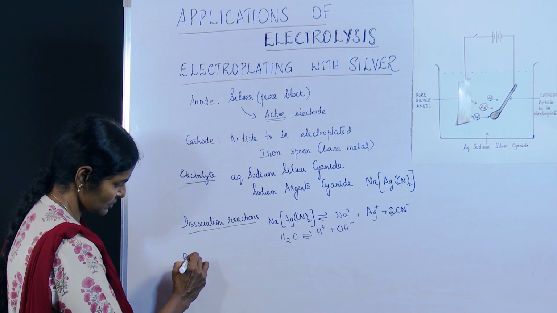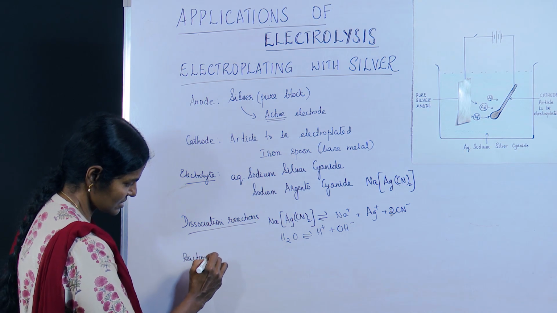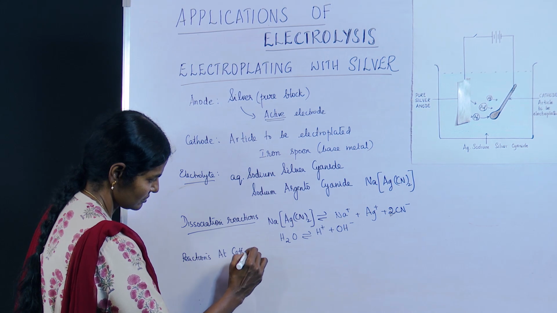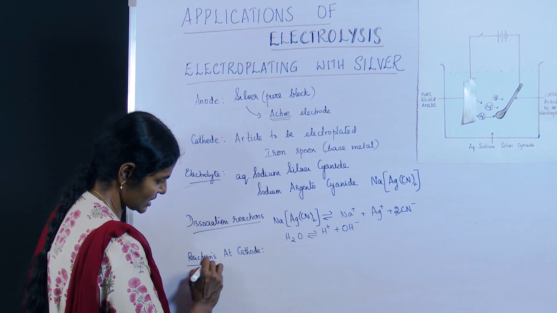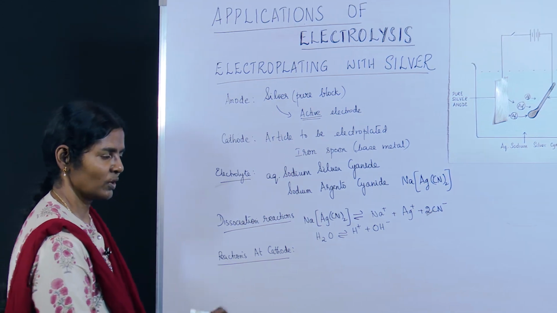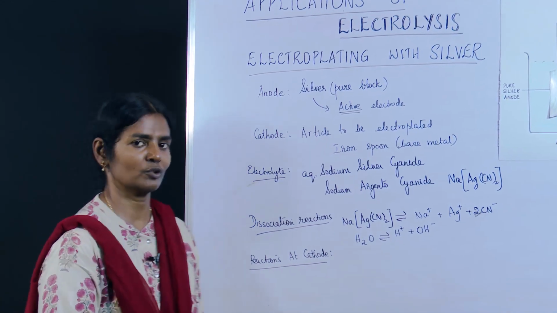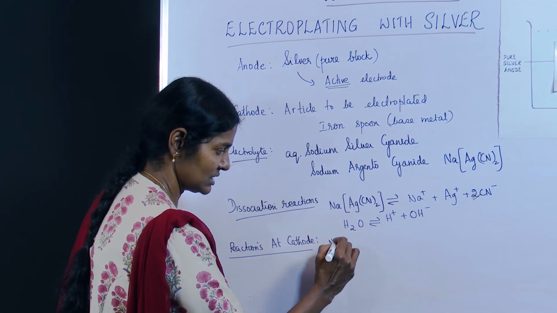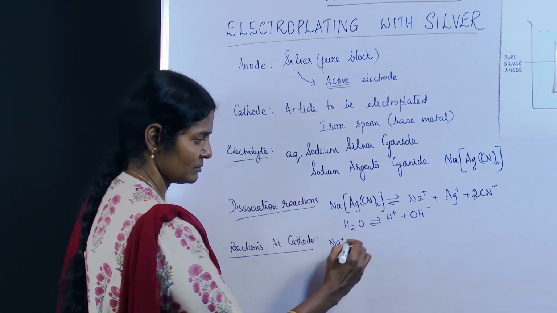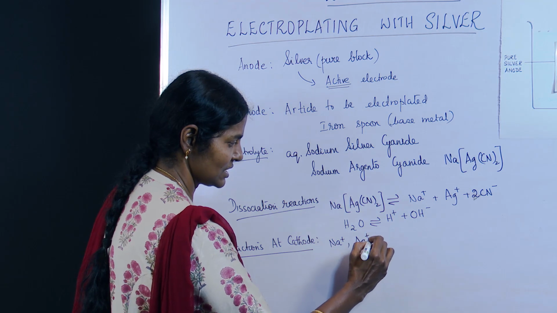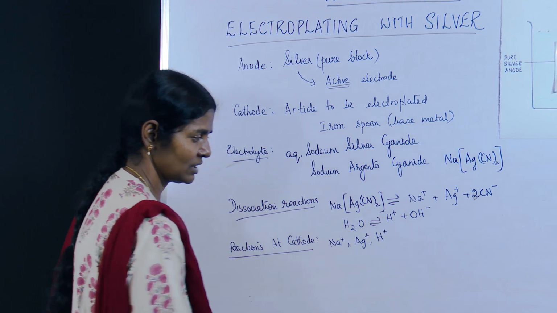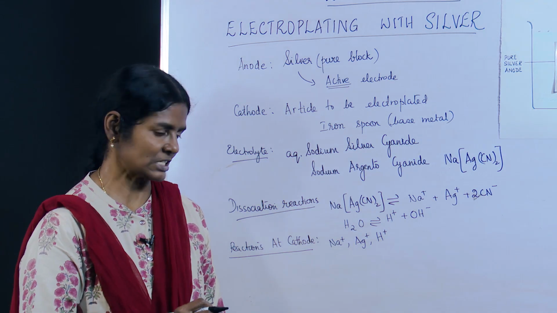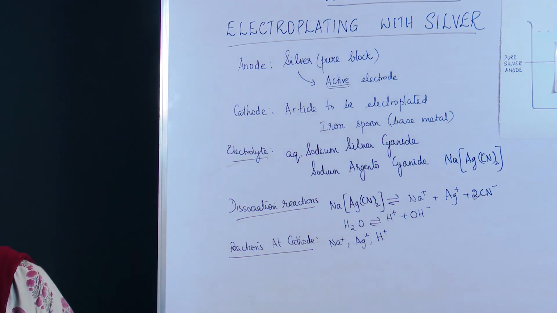Now going to the reactions at the cathode. What are the ions that will go? Now you have a real race. What are the ions? There are 3. You have sodium, you have silver, and you have hydrogen. Again our electrochemical series would come into the picture.